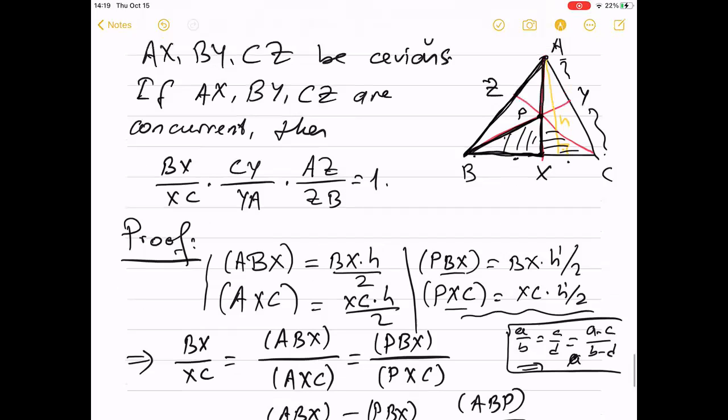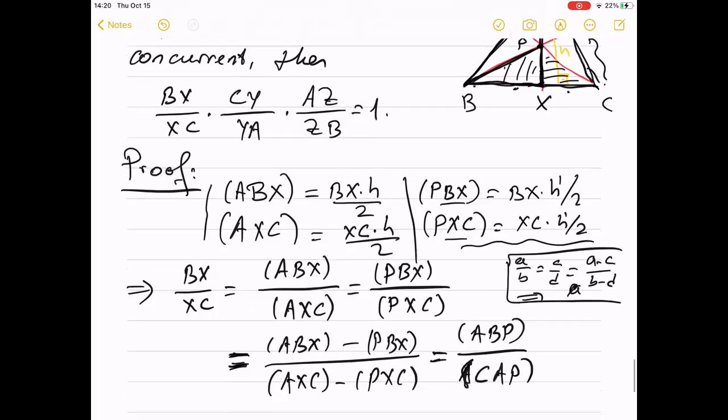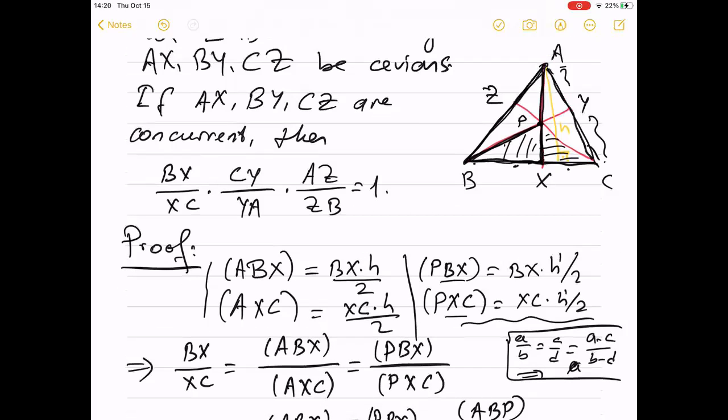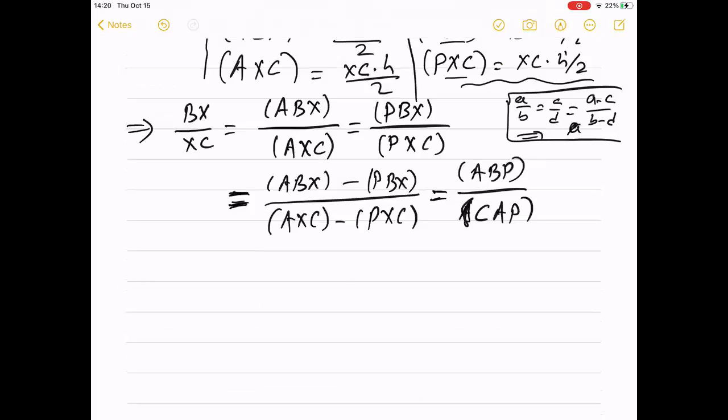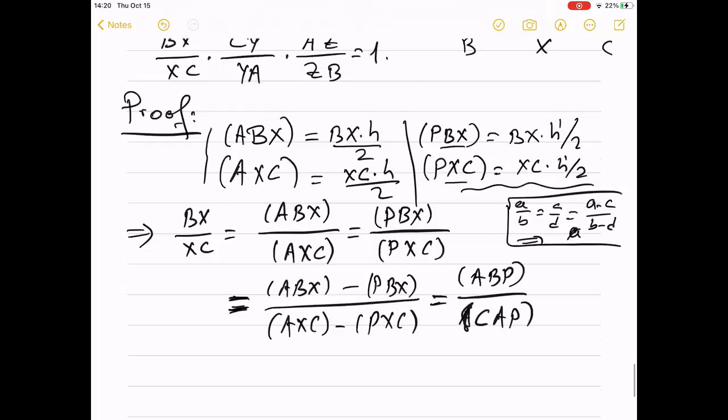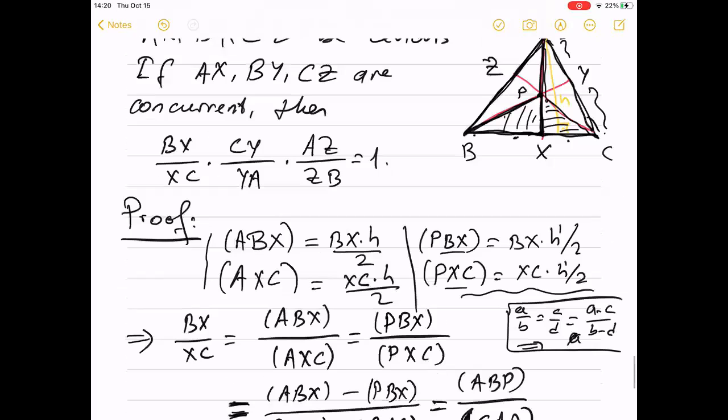So AXC is this big triangle minus this shaded area, which is the area of CAP. This area. Okay, now we did this for the one quotient, and if you do this for the others, let's look at this triangle again. So BX over XC is the area of this triangle over the area of that triangle.